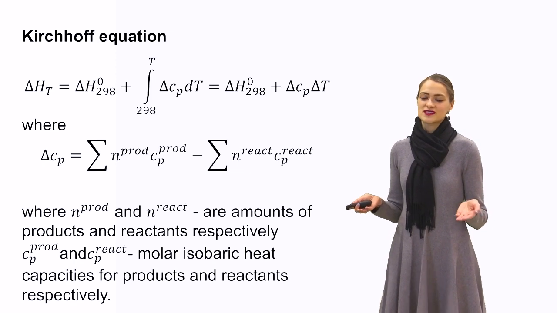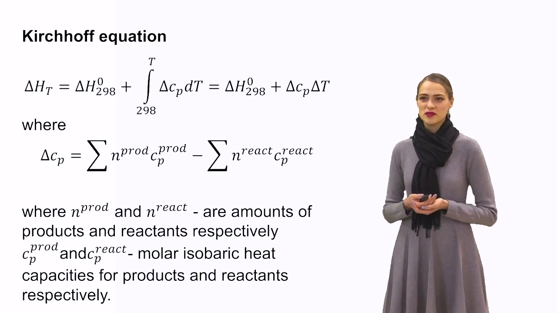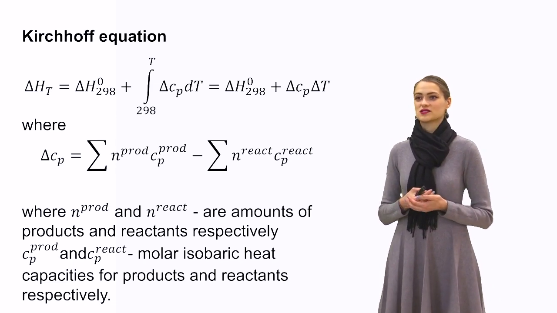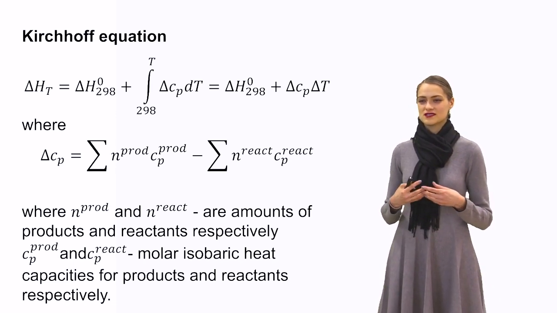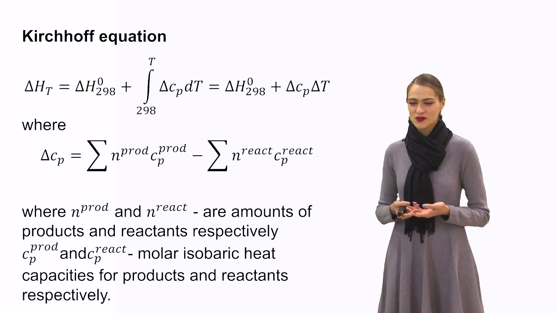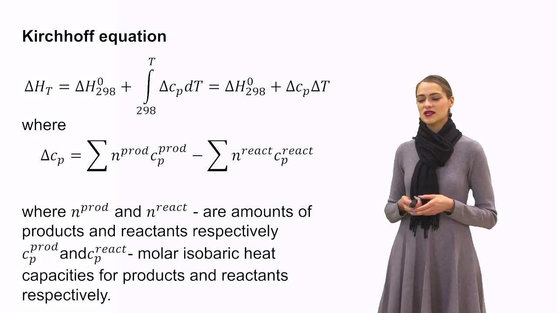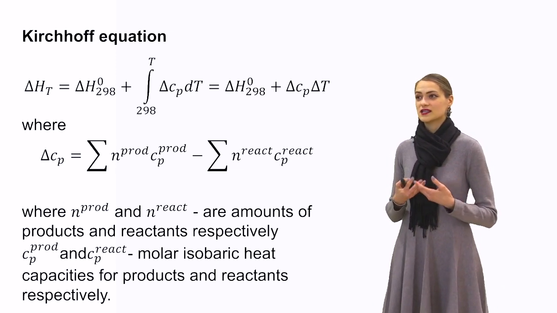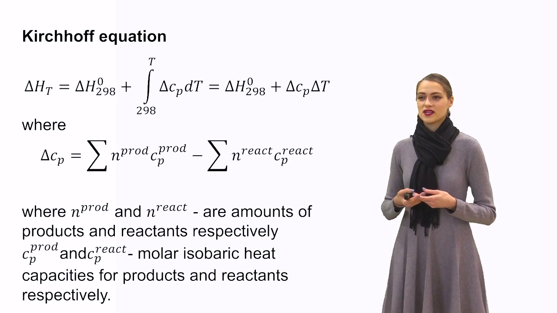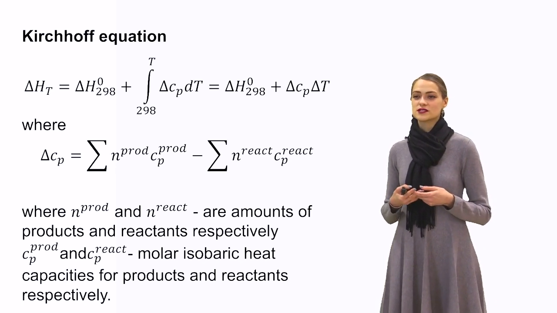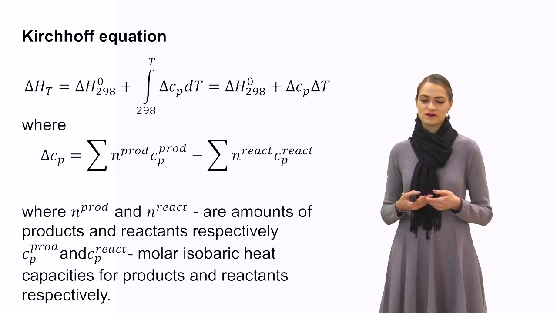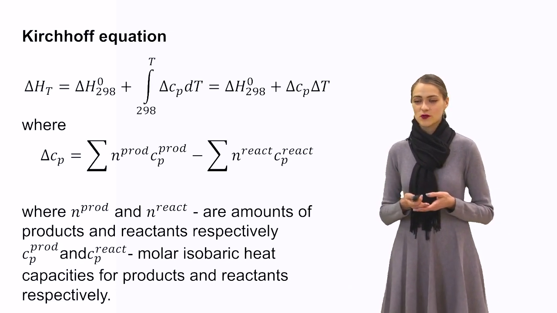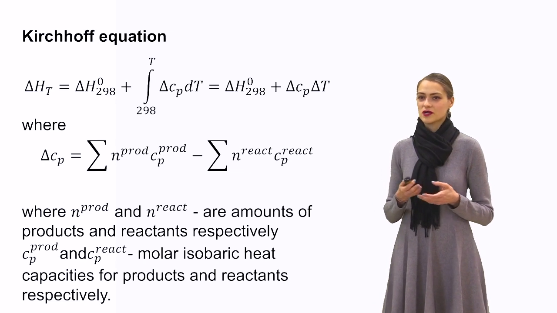But how in this case can we calculate delta Cp? Because in a reaction we don't have just one component, but at least 2 or 3 components. And delta Cp in this situation we can calculate like we calculate the heat effect of a formation reaction. So we use the first consequence from Hess's law. You see, firstly we take the products, all parameters for products.